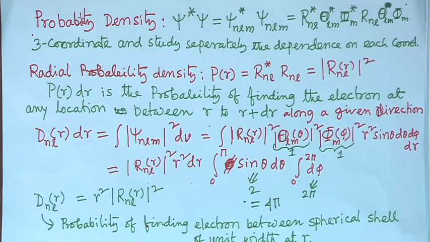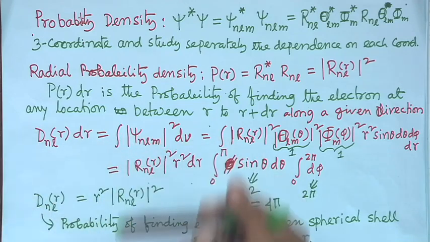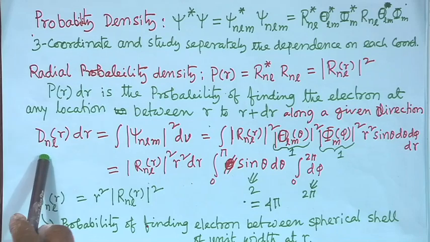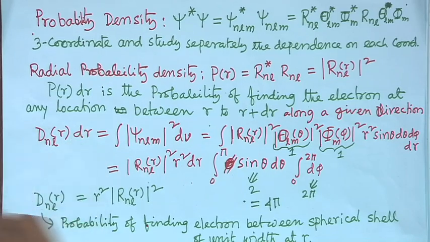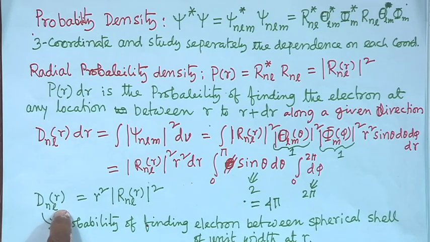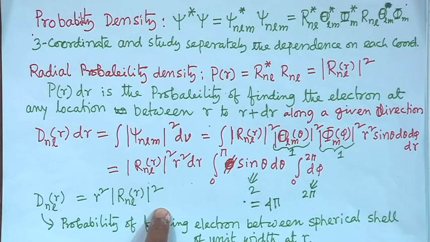Okay. But another probability density parameter we have defined, that is D n l of r. That is what we have integrated over theta and phi. So, that means this D n l of r is equal to r square R n l square. Okay. So, this is how it comes, that I have described.